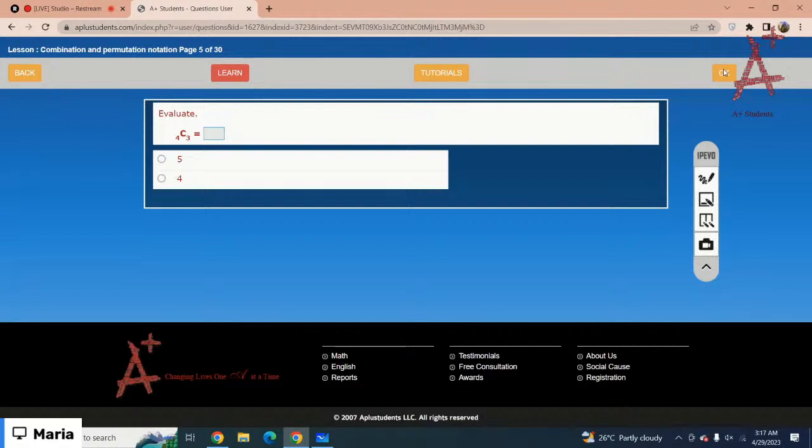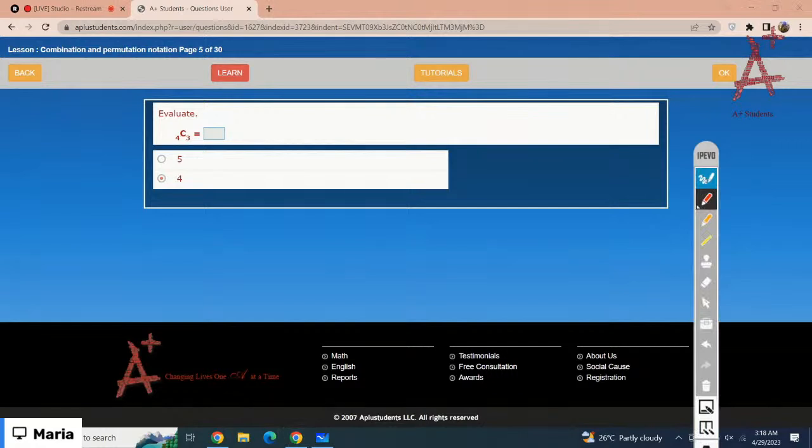Okay, 4C3 is 4. Just evaluate with the combinations formula. Got it? The combination is n factorial over r factorial and n minus r factorial.